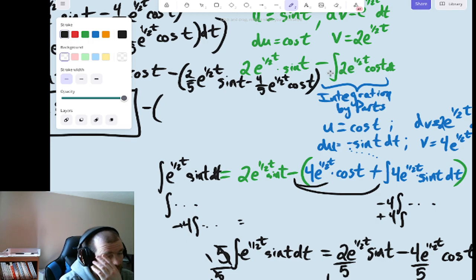With the 2/5 coming in, or 5/2 coming in, this is what we literally have. So it's going to be minus here is going to get carried through.